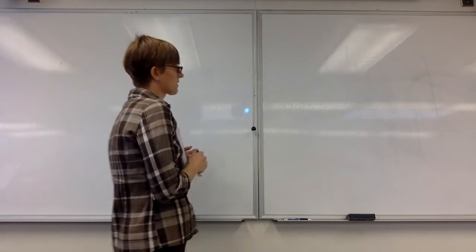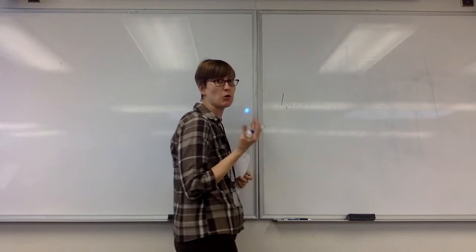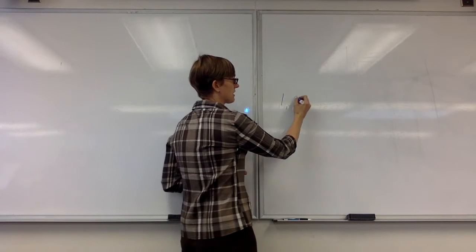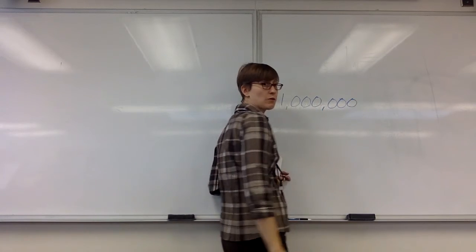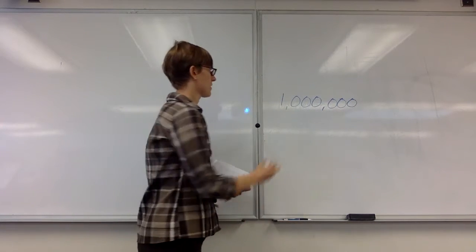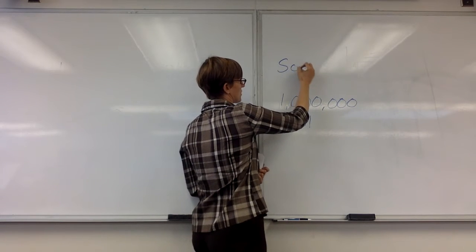You wouldn't want to have to write out 1 with 27 zeros. No one would know what that number meant, and you'd likely lose count of zeros at some point, right? So if you have big numbers or small numbers, scientific notation is very helpful.